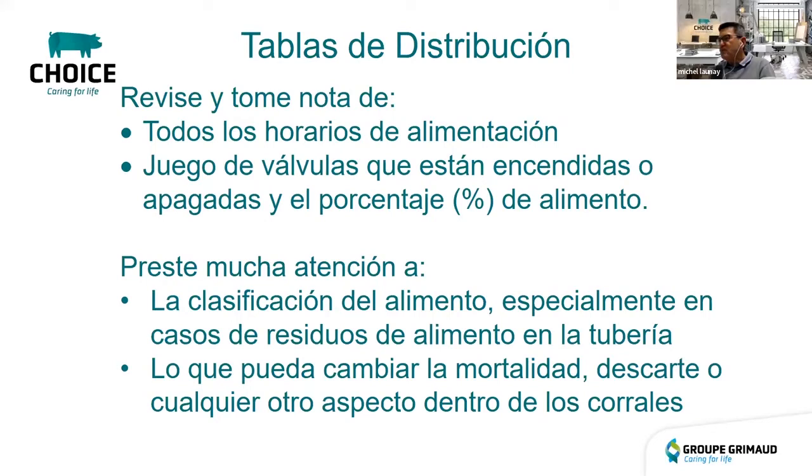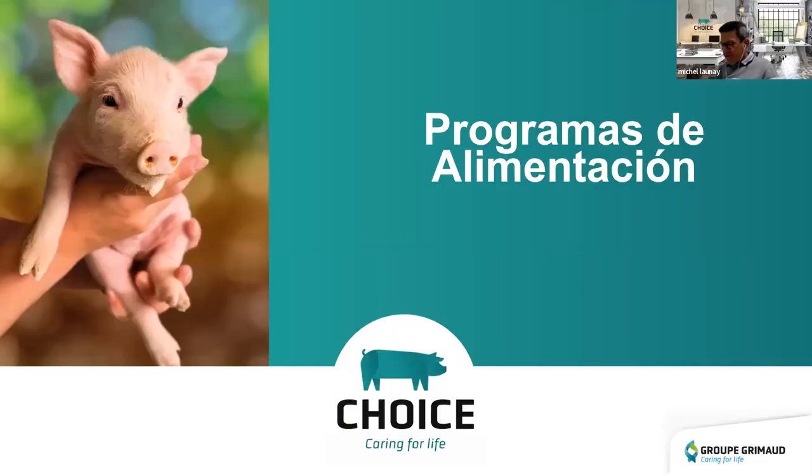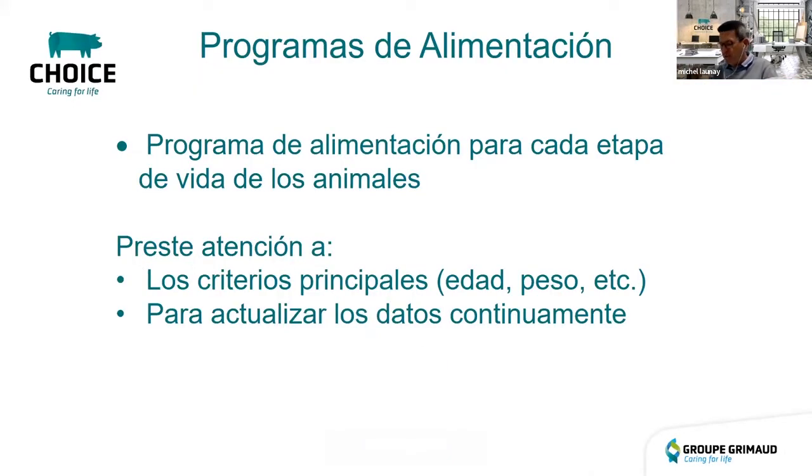In this case, we usually recommend to start by fattening pigs, and then go to gestation, and then go to lactation, and so on. And of course, you have to input or record the different feeding plans according to each category of animals.